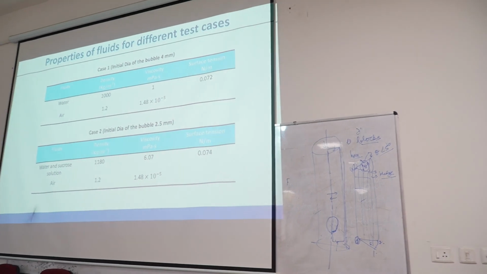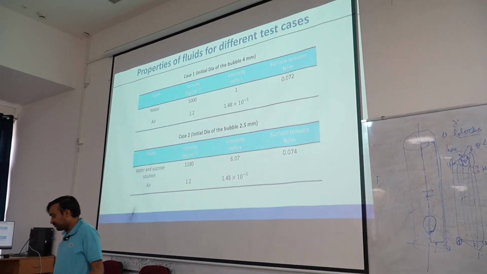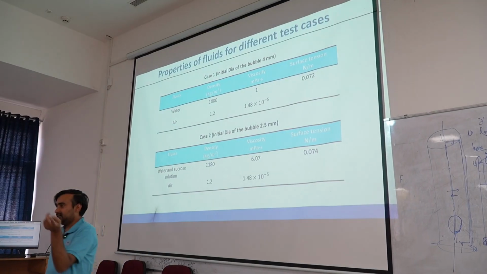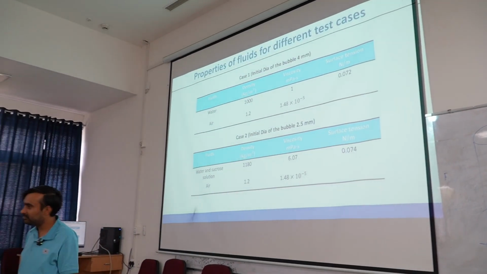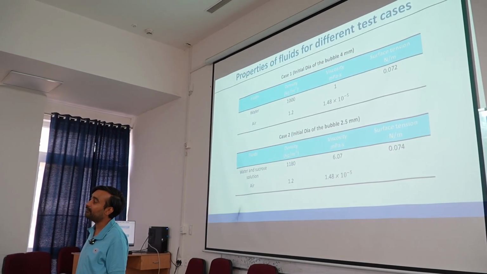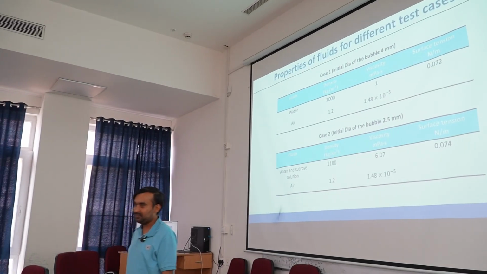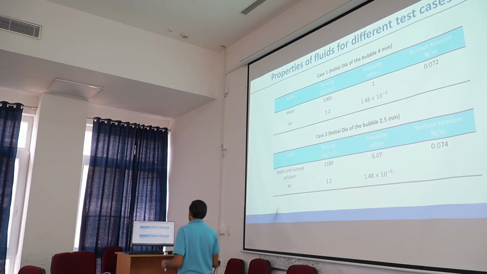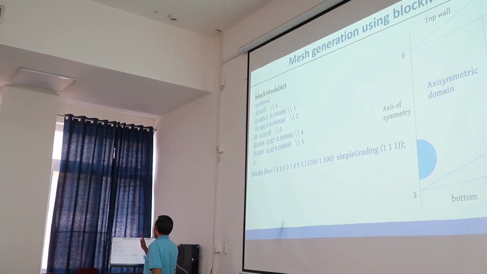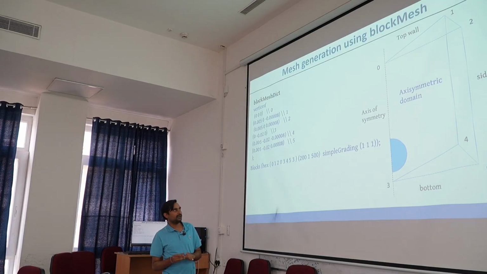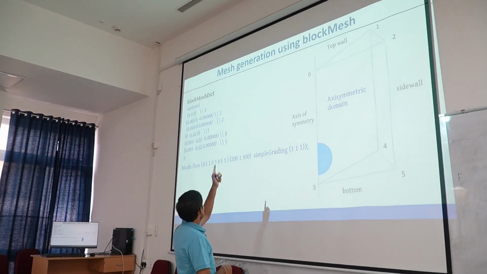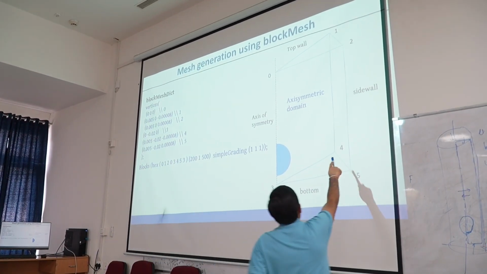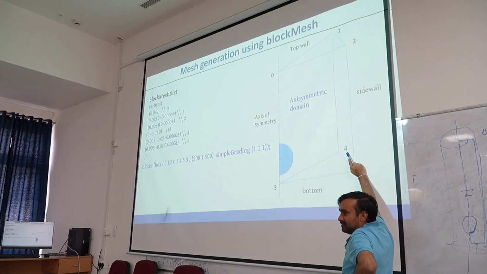So now with this knowledge, I can go to my blockMesh file of the dam break problem, and in that file I can make the modifications which I have listed in the next slide. Here you can see the type of the domain.